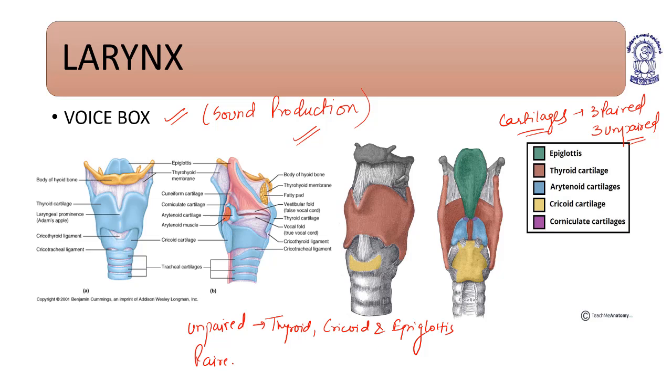Paired cartilages: arytenoid, cuneiform, also known as Wrisberg, and corniculate, also known as Santorini.